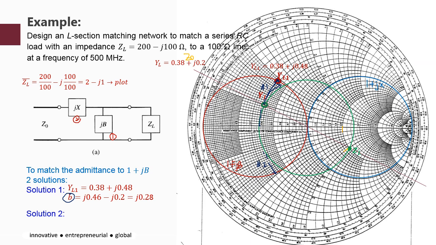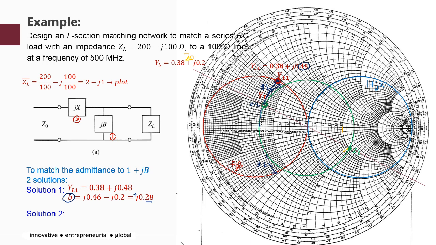Moving upwards is a positive configuration. Originally at 0.2, you move it up to 0.48, so B is positive 0.28.